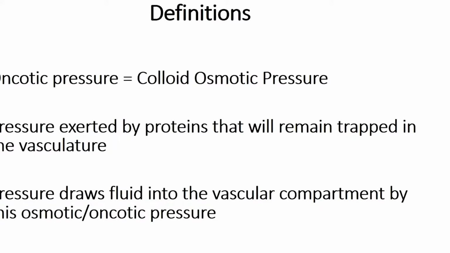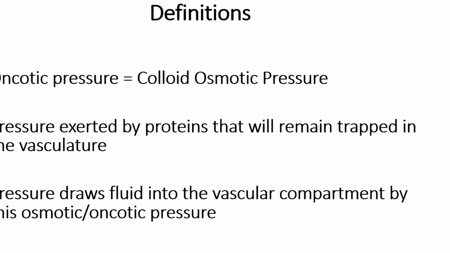Oncotic pressure is also referred to as colloid osmotic pressure, and it refers to the pressure exerted by proteins within the vascular system, particularly within the capillary bed, which we'll consider later. And the pressure that it refers to is the pressure that's exerted by these proteins, which will remain within the vascular system and therefore cannot freely diffuse, unlike water, across these semi-permeable fenestrated membranes.